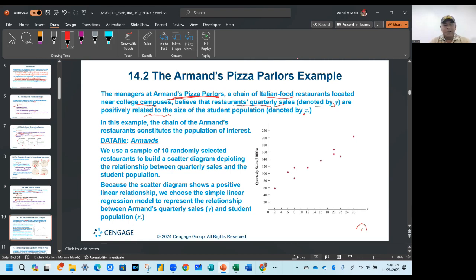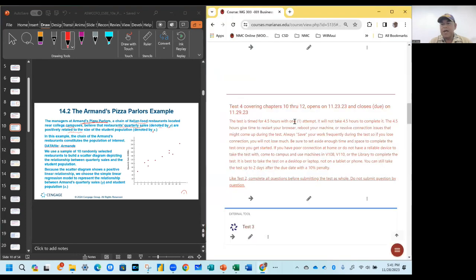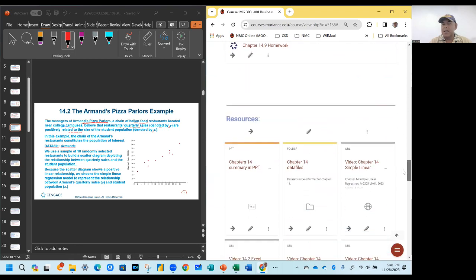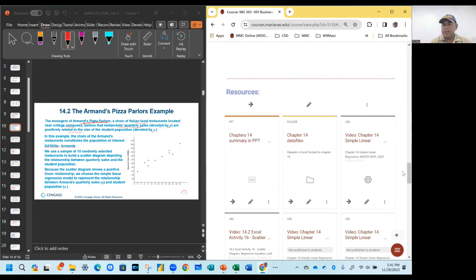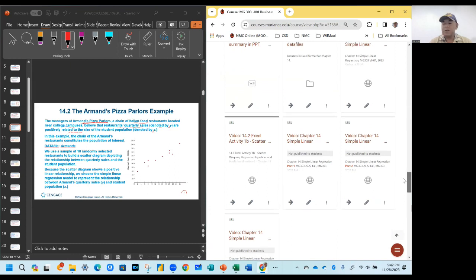So if we, let me pull this over to the side, and pull the data file for Armand's Pizza, so we can, as we go, demonstrate how to eventually come up with your regression equation, no?